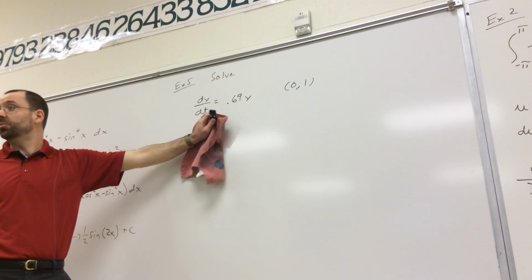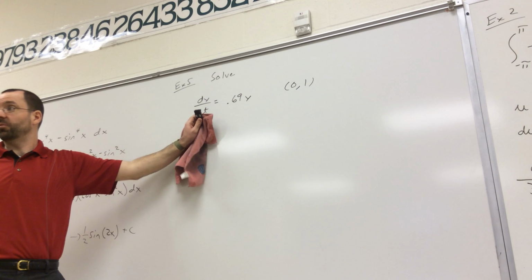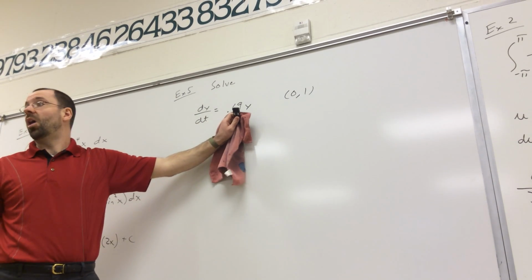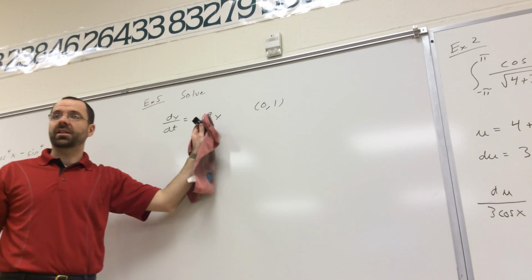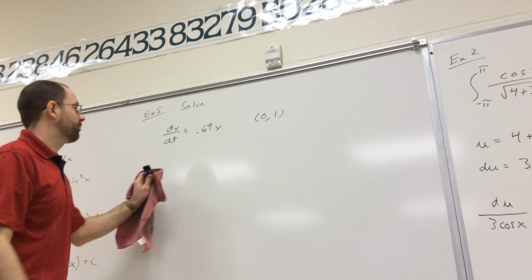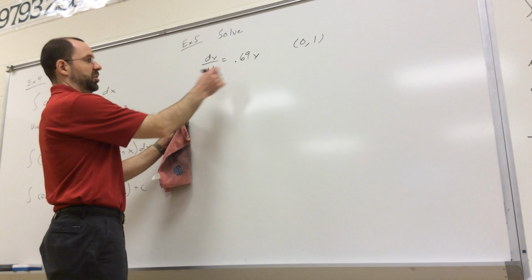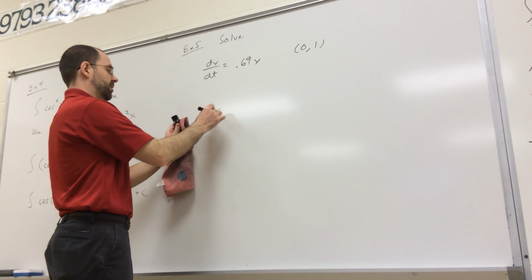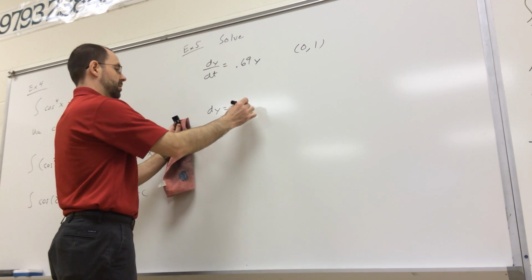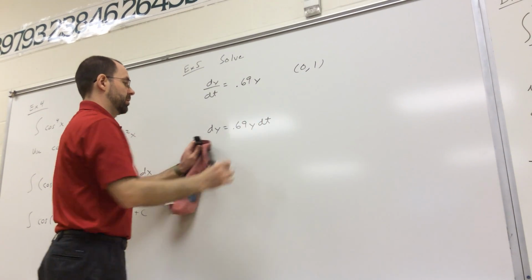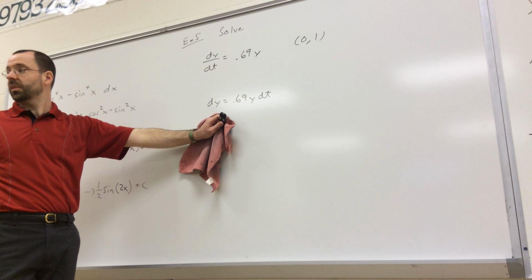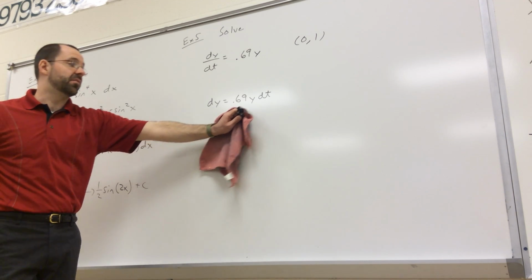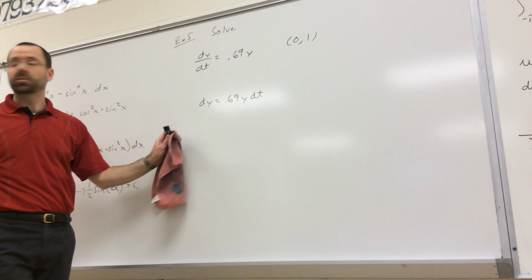So this is a brand new type of problem, a differential equation that has a y in it instead of just x's and t's. So we need a new technique on how to solve this. So what I'm going to do is put the dt on the other side. And then divide the y over to here.